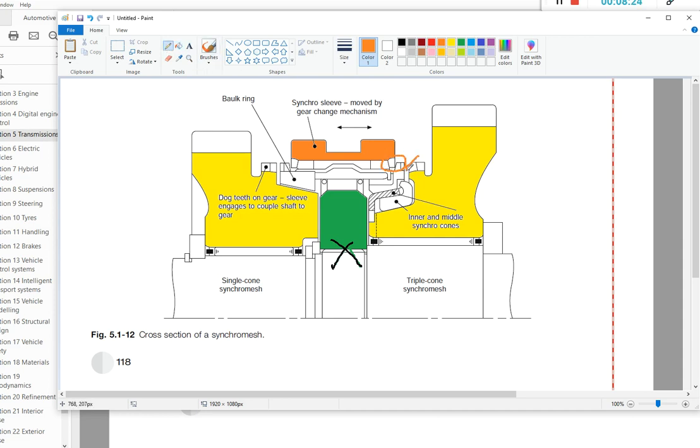this engages with this. In between there is that bronze cone, the synchro cone, which essentially gets in the way when there's relative motion, and there's some friction torque generated between the conical surfaces. There are three conical surfaces here, one of the actual gear, one of the synchro cone, and one of the synchro sleeve.